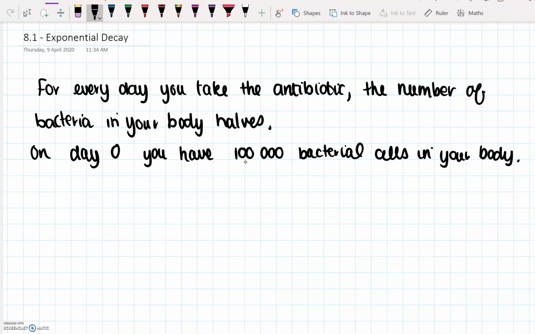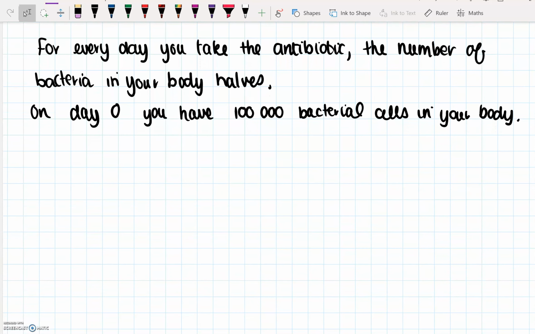So let's look at what we can do in order to turn this into a formula, and then we'll look at what we can calculate. On day 0 you have 100,000 bacterial cells in your body. For every day you take the antibiotic, that means that your time is going to be in days. The number of bacteria in your body halves. So we said when we were talking about exponential growth that n is equal to I times g to the power of t.